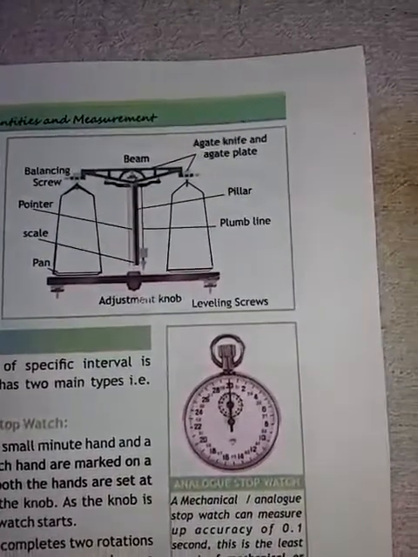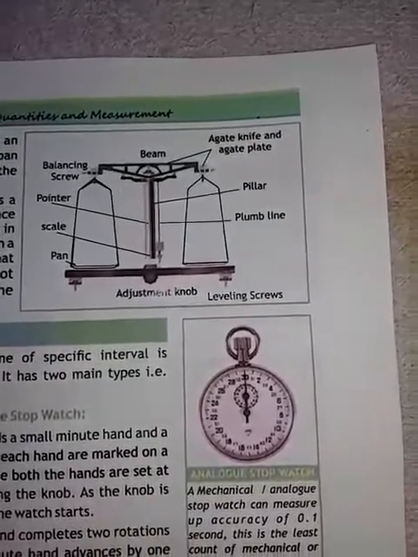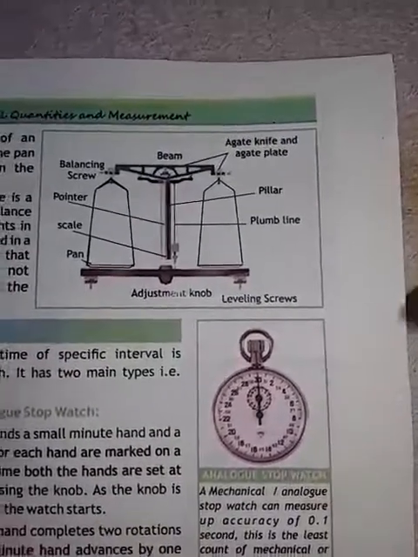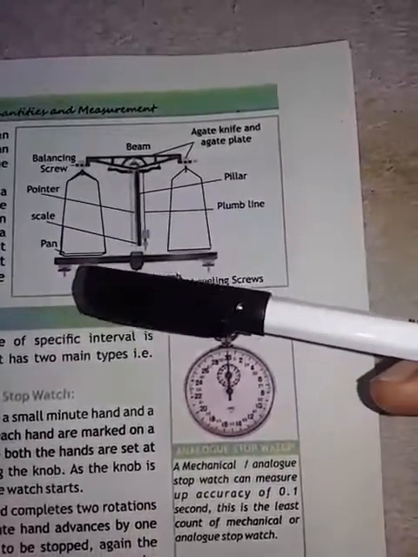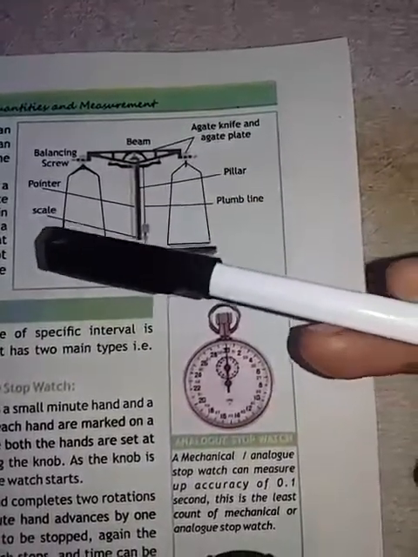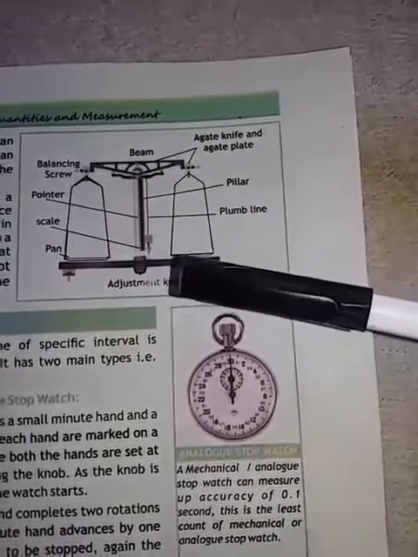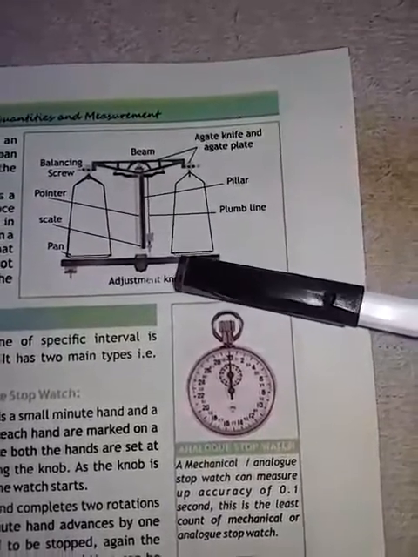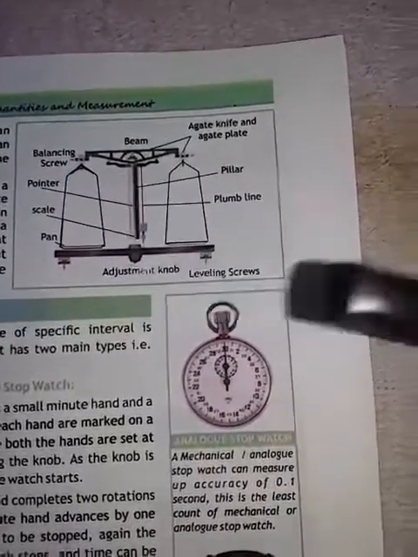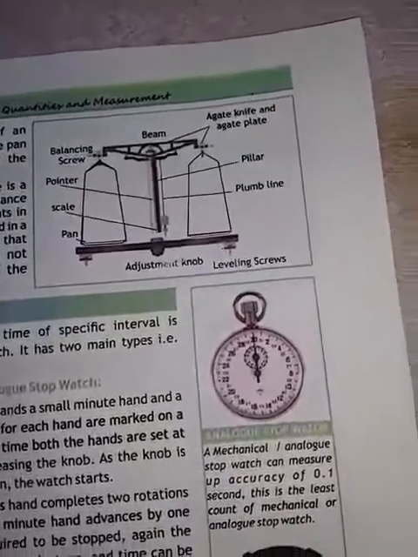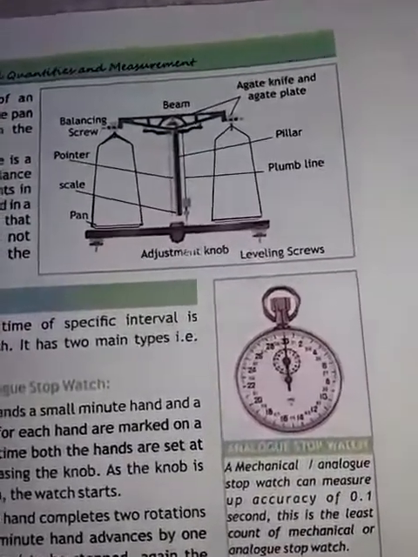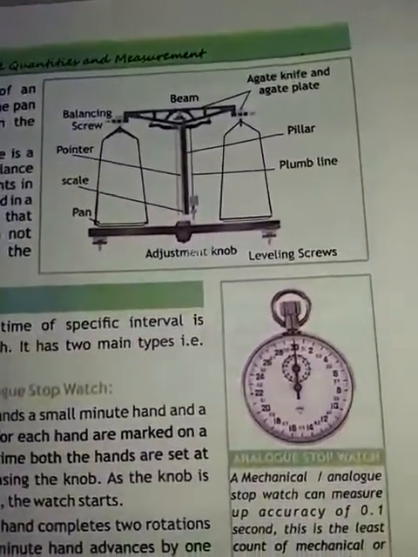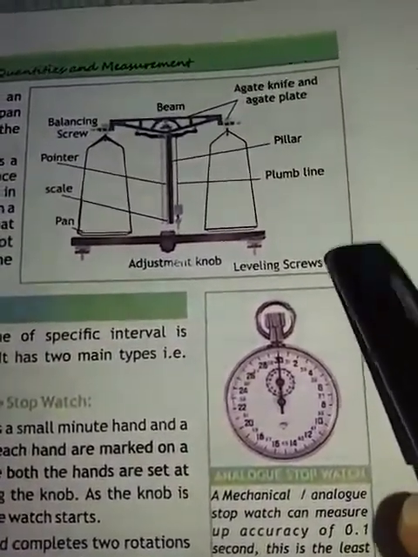So a physical balance is just a common balance with two pans, and you measure the weight of one object by putting it in one pan and a known object in the other pan. Suppose we want to measure the weight of a stone with the help of a physical balance.